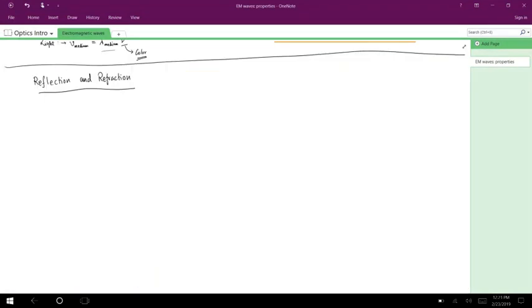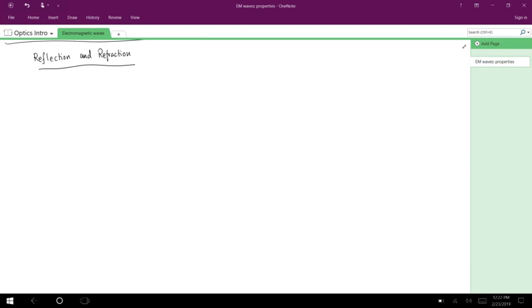So that's the idea. Okay, so we're going to slowly start to talk about what happens to light when it goes from one medium and encounters a different medium. So for instance, let's say a ray of light is coming from air and hits the surface of a window.